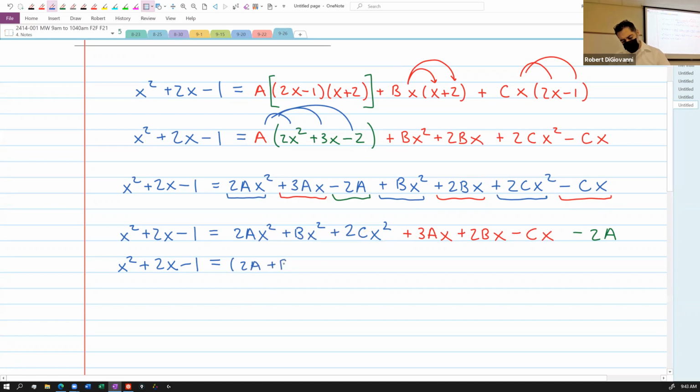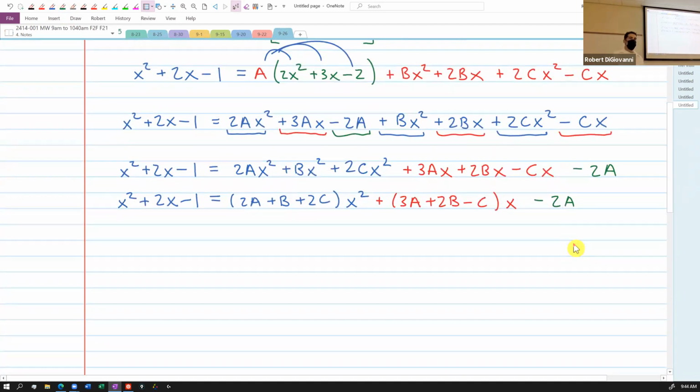If y'all reviewed, y'all know what I'm doing here, but I'm still going to treat it like you didn't review. So here, pull the x squared off the back side, and then same thing, I'm going to pull an x out of all the red ones and pull it off the back, plus 3a plus 2b minus c, and then pull the x out. And then the last one is minus 2a.